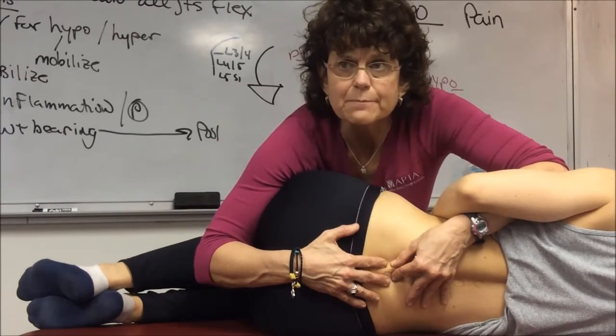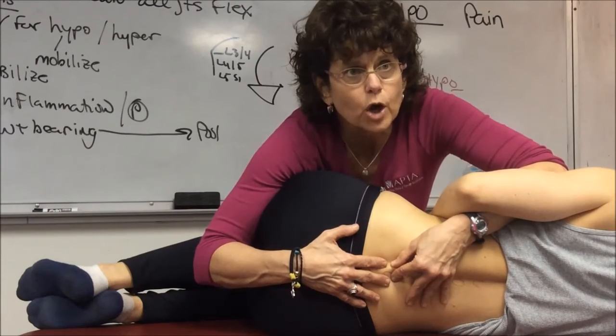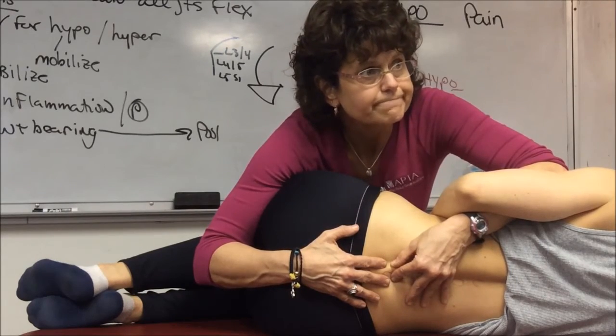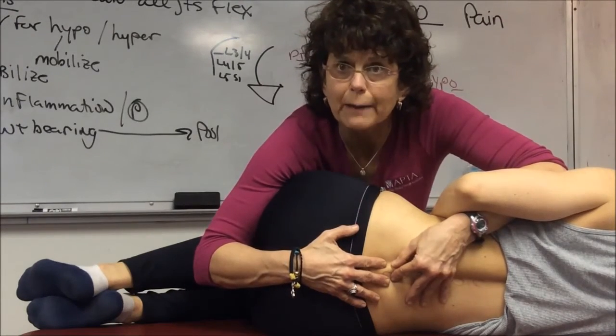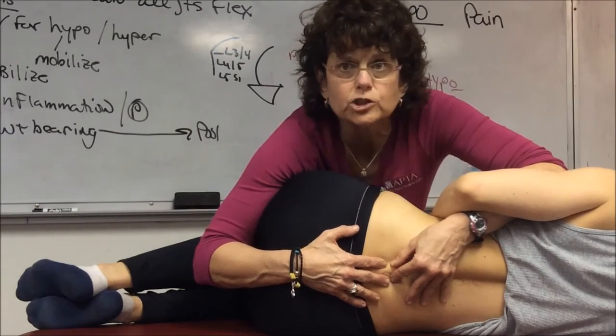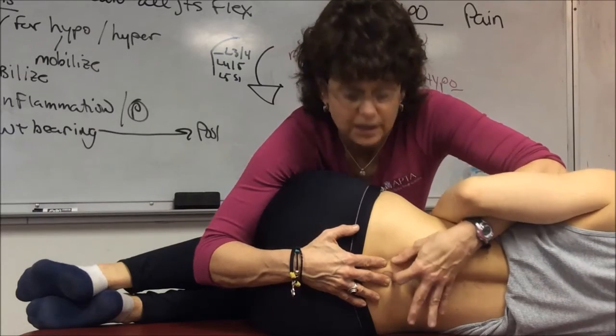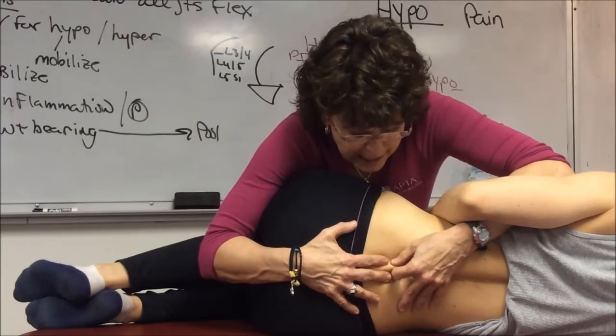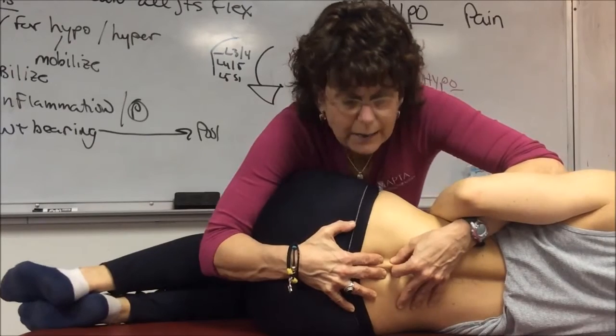But that's the same motion as the top bone going up, right? I can either pull the top bone up or I can pull the bottom bone down. Either way, it opens the joint or flexes the joint. So I'll stabilize, and I'm going to grab her pelvis.